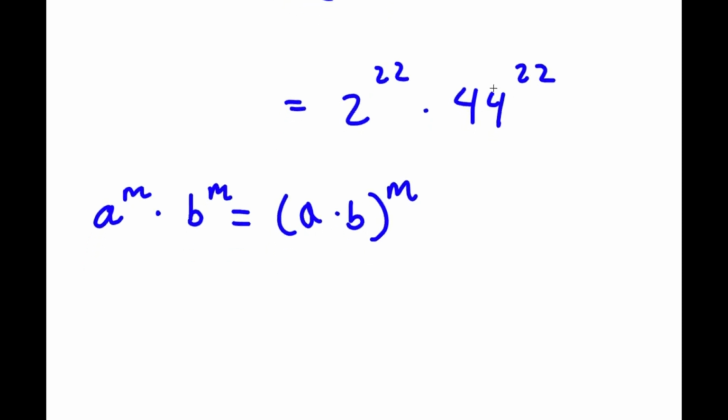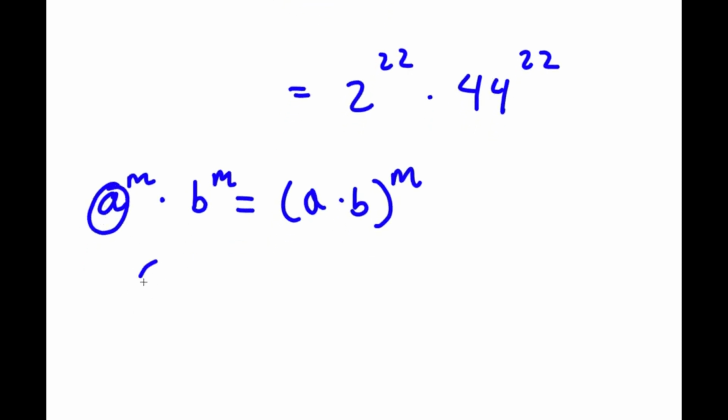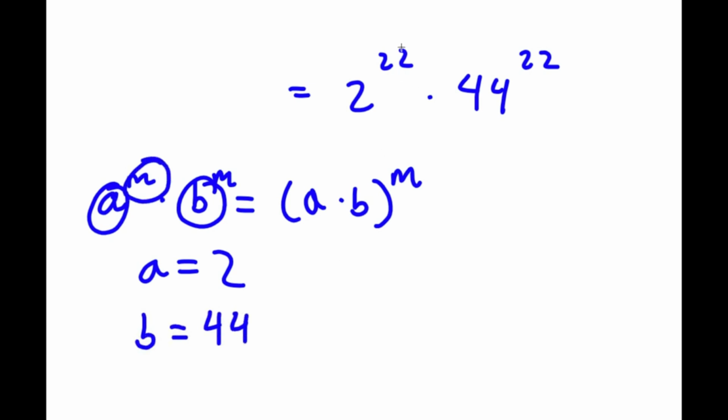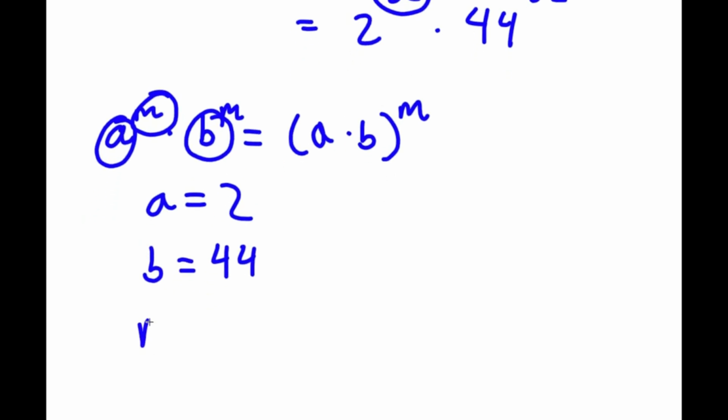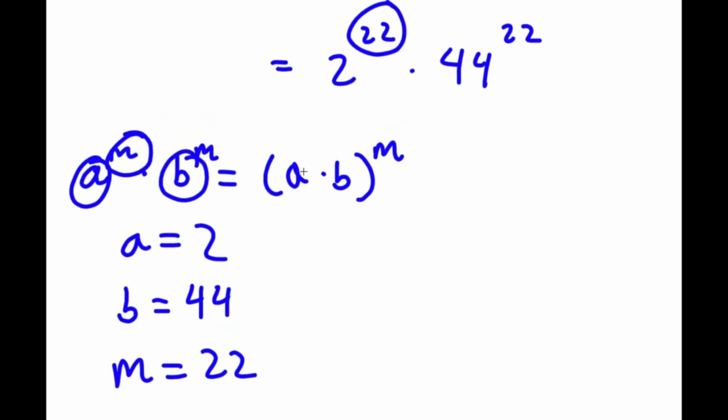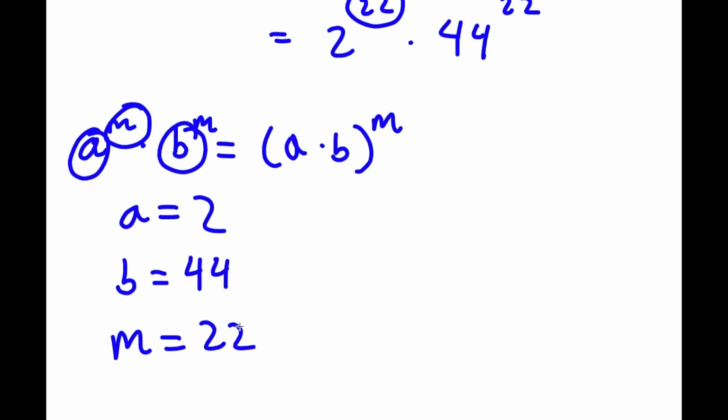And we can think of a here as 2, b as 44, and m as 22. So we want to put this in the form a times b to the power of m. So we know that a is 2, b is 44, and m is 22.